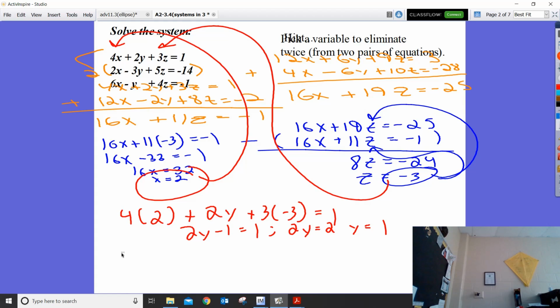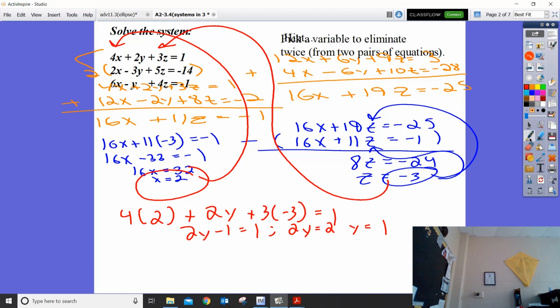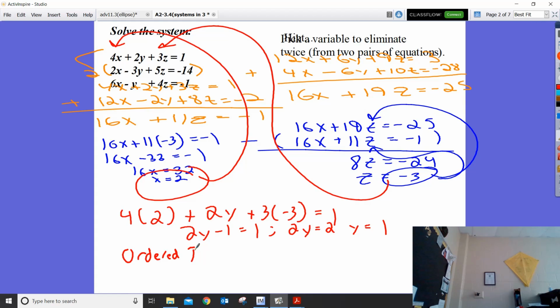Anyways, we're going to do an ordered triplet. Instead of ordered pair, it's called a triplet. Go ahead and do it. Correct. And it goes x, comma, y, comma, z. Why would it go any other way? It'd be alphabetical order, kids. Alphabetical order.